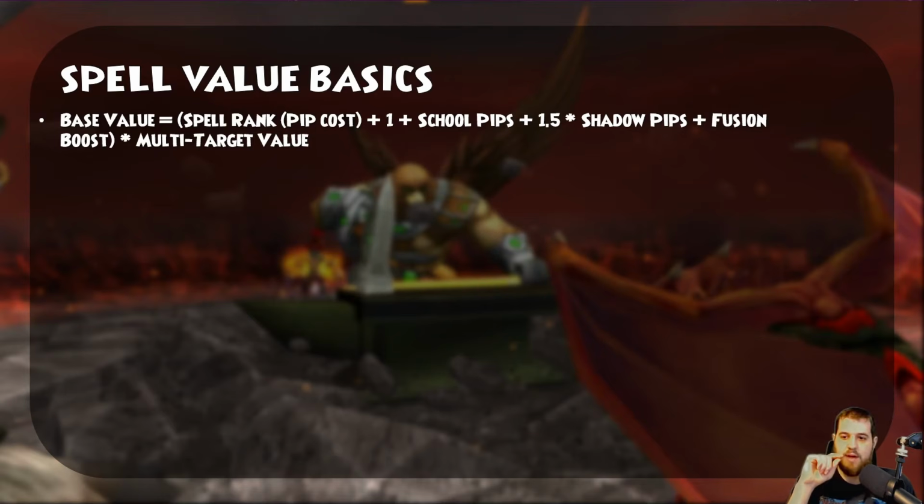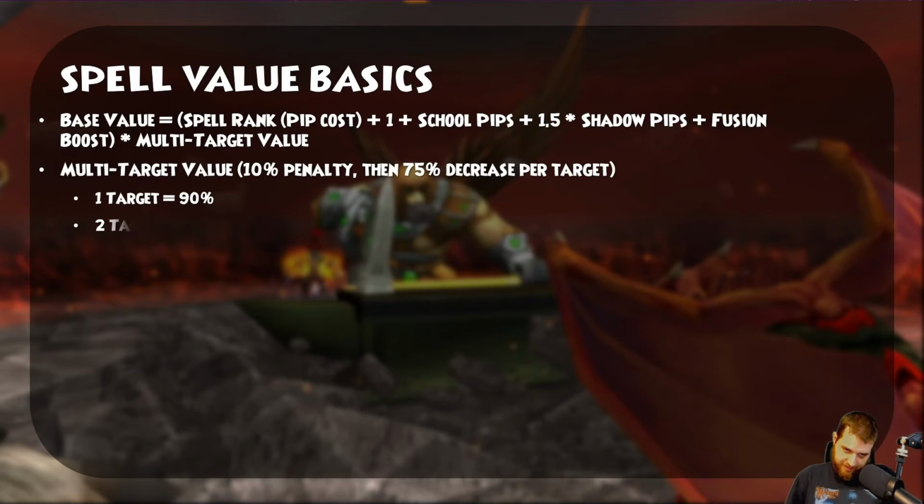And then you add fusion boost, which is flat now. So if the spell is fused, it gets a boost. I think it's about 1.3 or something like that, and we can find out for sure. And then all of that together, you multiply times the multi-target value.